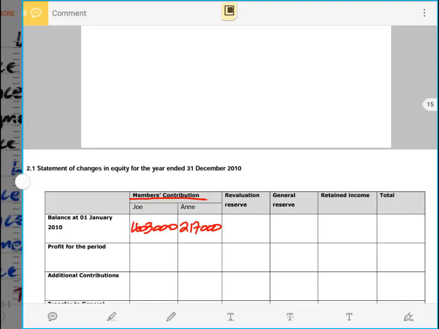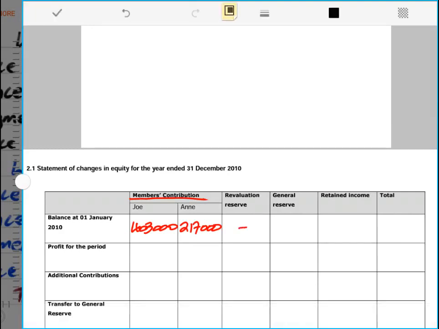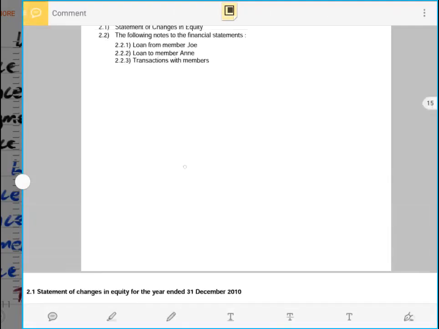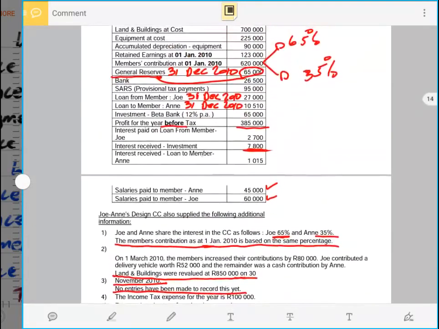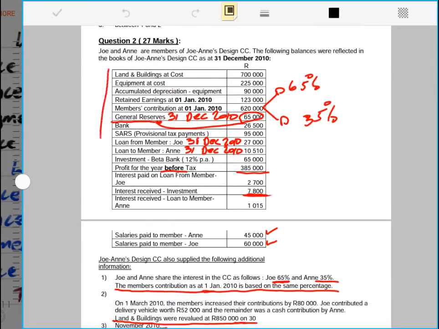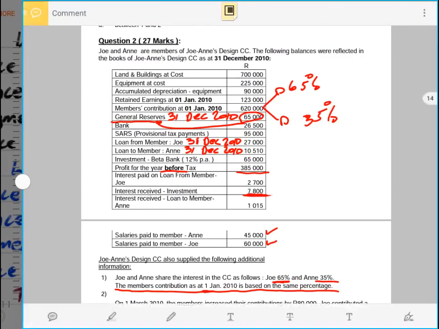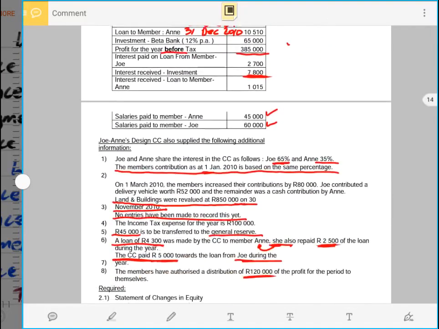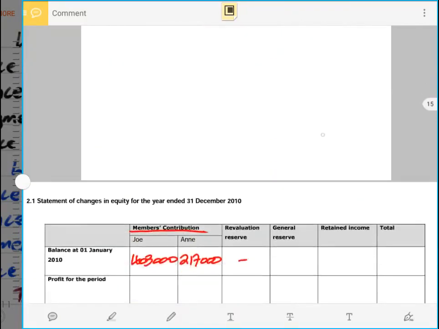Then after we record the opening balance of the revaluation, and unfortunately there was no revaluation that was given from the trial balance. Here we don't see any revaluation from top to the bottom. Therefore, revaluation had no opening balance.